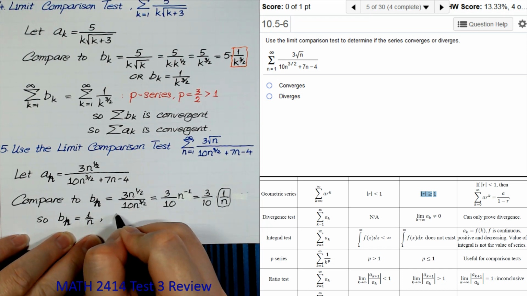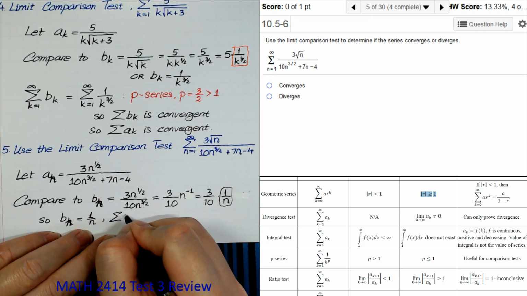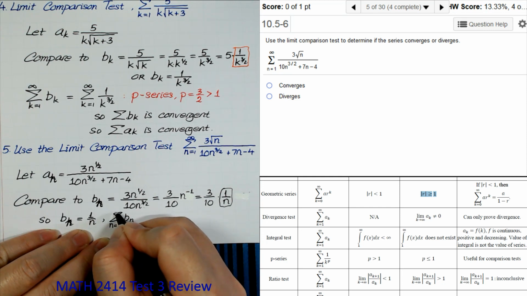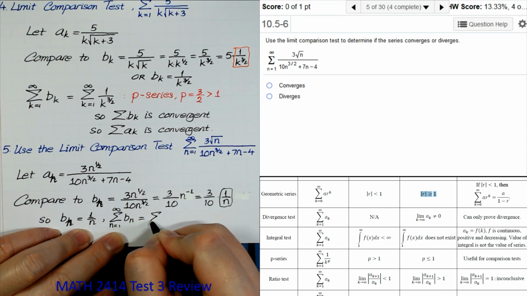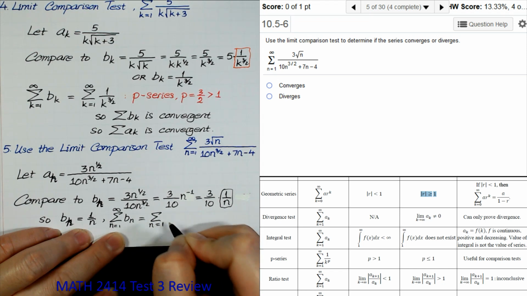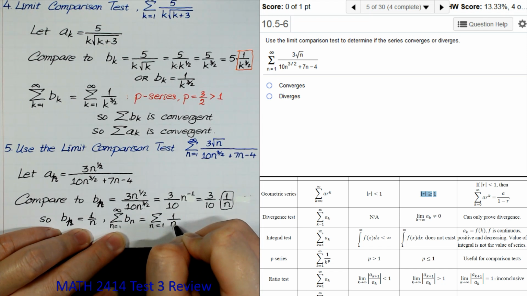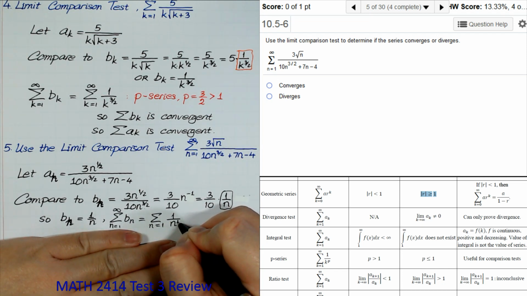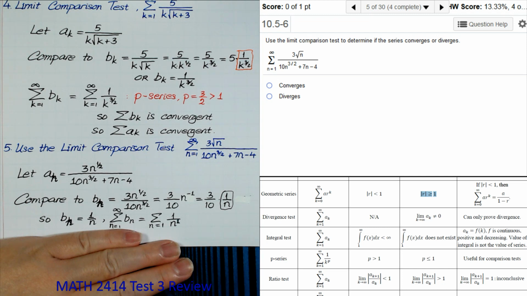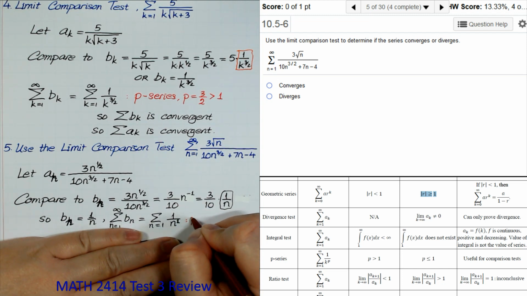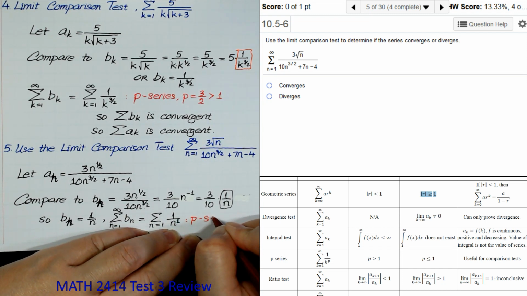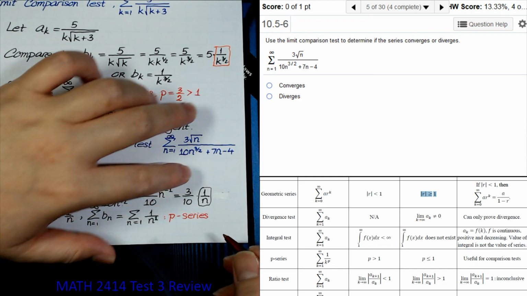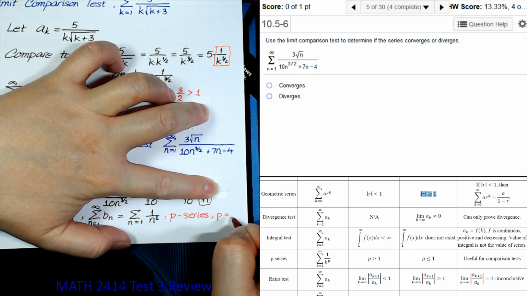And if we take the series of b of n, n equal to 1 to infinity, and by default that is to the first power, so this is a p series, where p is equal to 1.